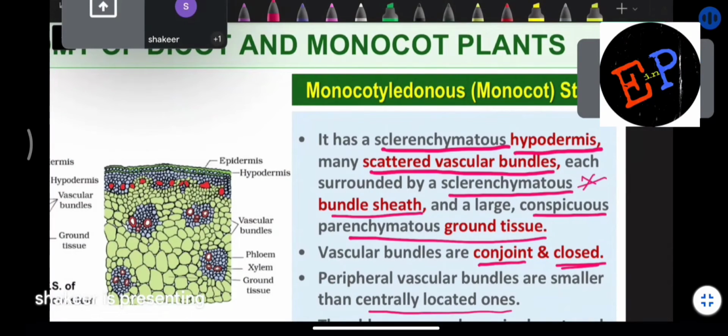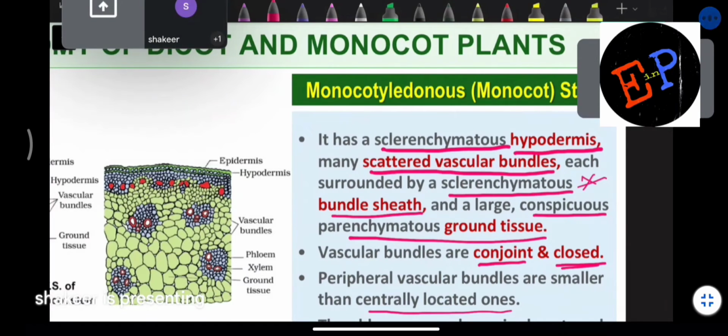What is the meaning of this? Peripheral means what? Here we already said that in dicotyledonous stems the vascular bundles were arranged in a particular, radial fashion. But in the case of monocot stems, vascular bundles are not present in a regular fashion. They are scattered.